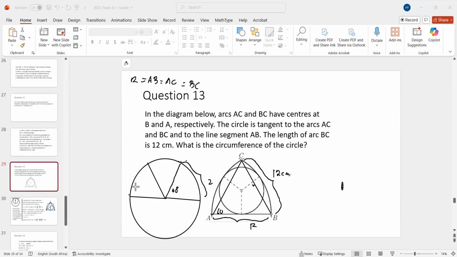All these will be 12, because they're arcs which have 60 at the center, so they're identical arcs. There are six 60s in 360, and therefore the circumference of the circle is six 12s, because you add 12 and 12 and 12, another three 12s at the bottom. So the circumference of the large circle is 6 times 12.